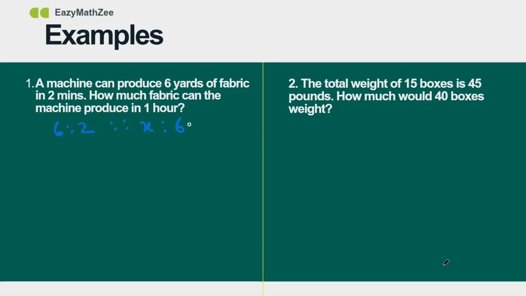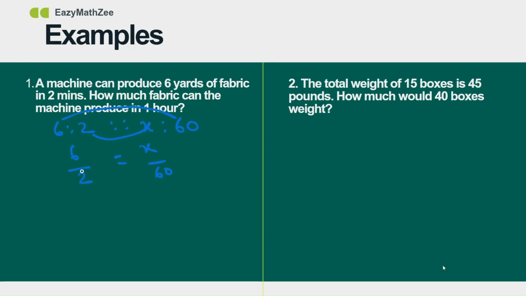We will take 1 hour as 60 minutes, because here 2 minutes is given and here 1 hour is given. So this ratio is equal to this ratio. Now we have to cross multiply. If we multiply the means and also the extremes, both should be equal. That is why this equation came.